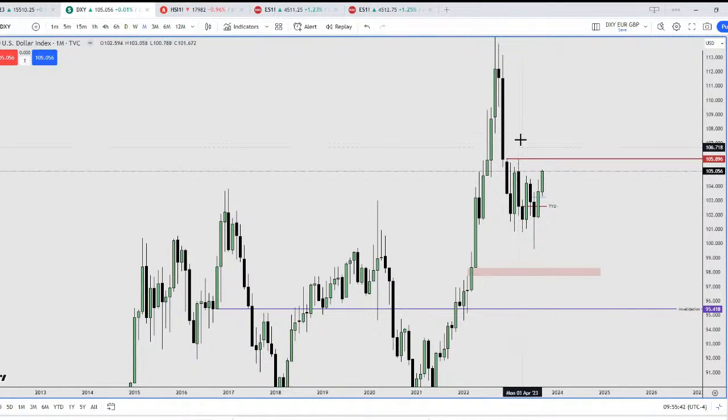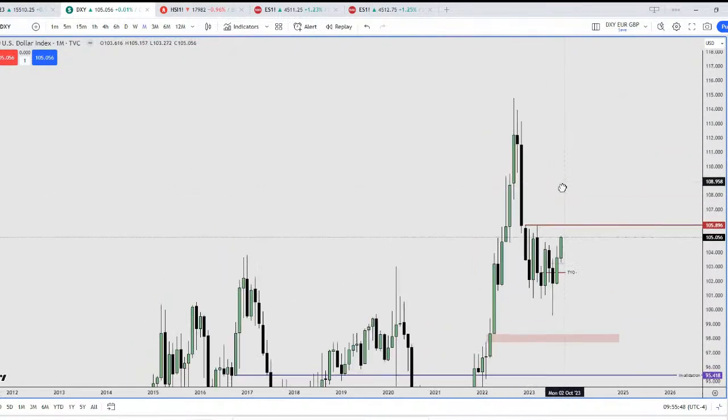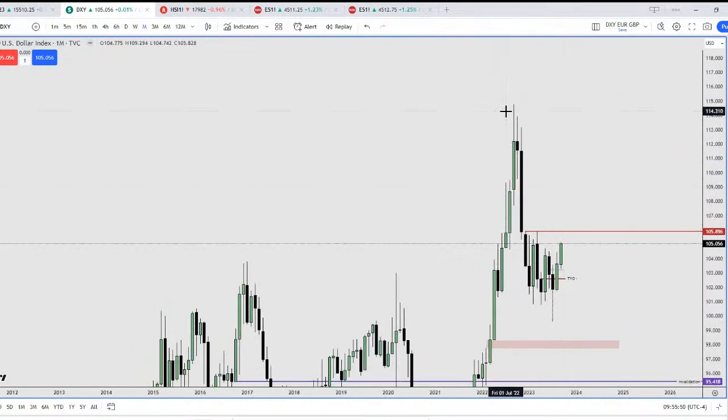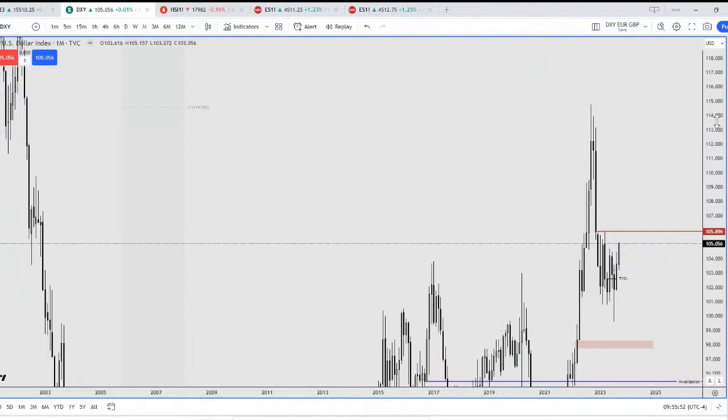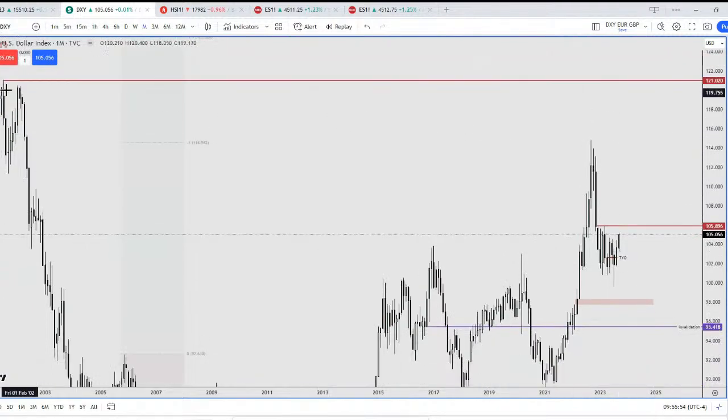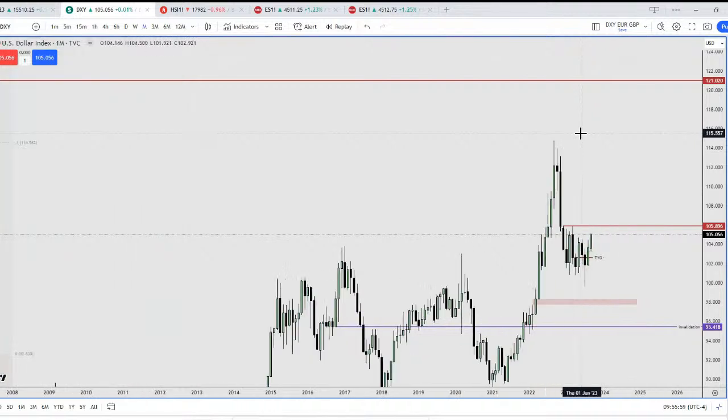What I want to see is price trading and eating up above the fair value gap and eventually into this high here, and then we have an old high that is right here. So long-term dollar bias still remains bullish. Okay, so that's for dollar.